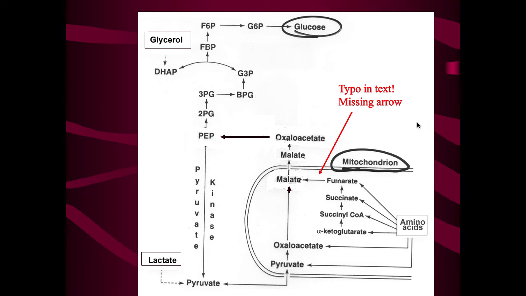Remember the malate aspartate shuttle? There's a transporter here, so malate can go out. Once you have malate in the cytosol, it can convert back to oxaloacetate. And then the oxaloacetate can be used for the malate aspartate shuttle, so there are multiple uses for that. Once we have oxaloacetate in the cytosol, it goes to PEP. So now we can reverse. You've got to have the mitochondria to do that.